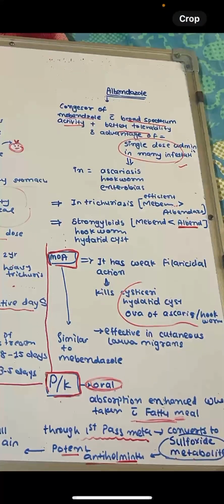So again, albendazole is a congener of mebendazole with broad spectrum activity and better tolerability, with the advantage of single dose administration in many infestations such as ascariasis, hookworm, and Enterobius. But in trichuriasis, mebendazole is more efficient than albendazole. In strongyloides, hookworm, and hydatid cyst, albendazole is more efficient than mebendazole. Mechanism of action is similar to mebendazole.